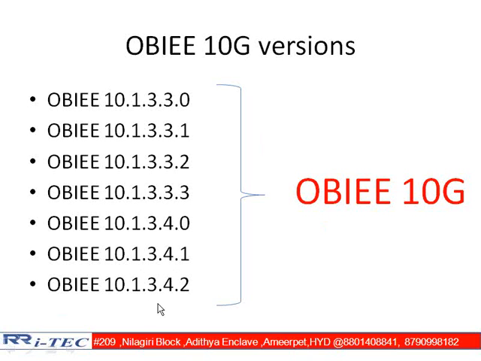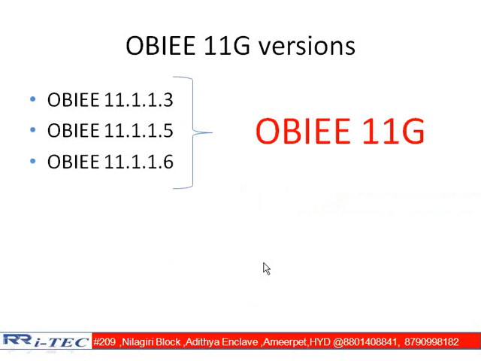Now, for the next one, let us look at the OBIEE 11G versions. We have OBIEE 11.1.1.3. It was released exactly 2 years back, in June 2010. In the 0.3 version we had so many bugs.